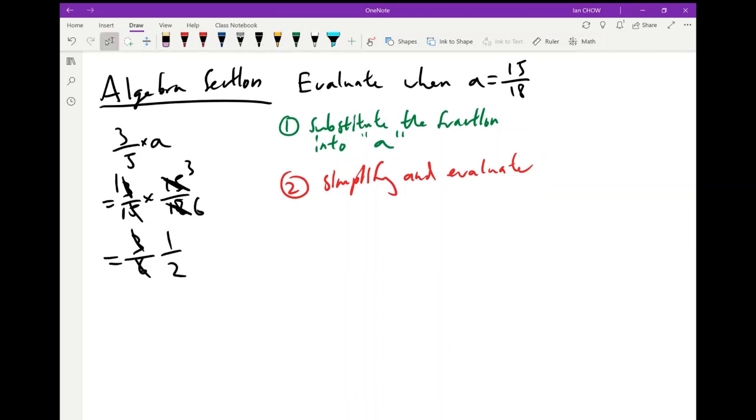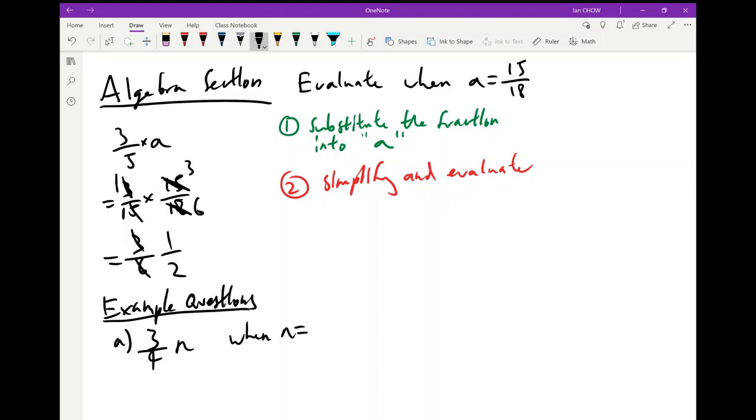So let's do some example questions. So A, let's say we have evaluate 3 over 4n when n is equal to 3 over 5.